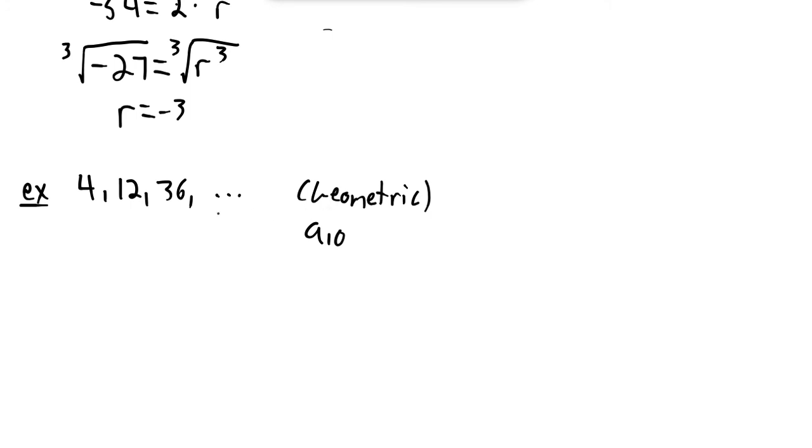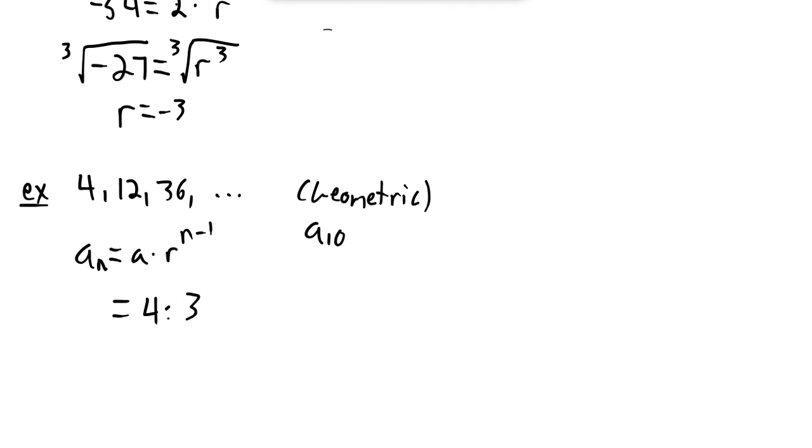Well, let's start. Do we want to use the recursive formula here? We only have up to 3. We don't want to have to do this another 7 times. So let's write the explicit formula. What's the explicit formula? It's a sub n is equal to a times r to the n minus 1. What is a? It's 4. And how much are we going up by each time? We're multiplying by 3.